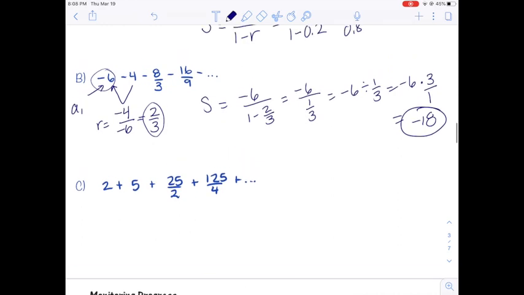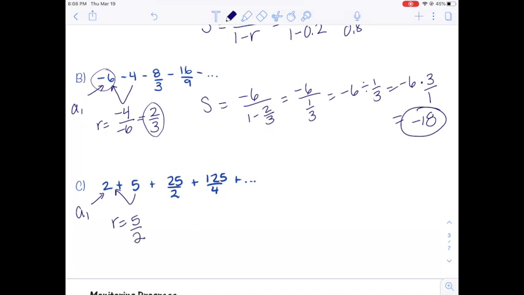And example C. We know this one's super similar to B, but you've got a fraction, so you've got a sub 1. Well, I guess your other one had a fraction too, but your r value, take your second term and divide it by your first term, 5 divided by 2.